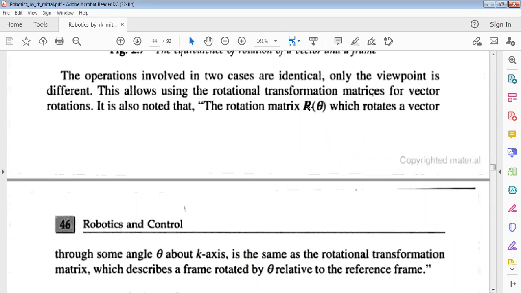Otherwise we would need to write the superscripts and subscripts. Here we would write superscript 1 and subscript 1, since it is the vector rotation in frame 1 with respect to frame 1, the rotation matrix would be written with 1 1.